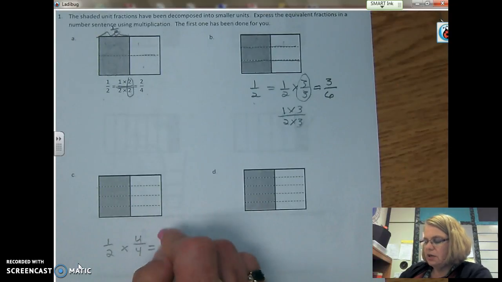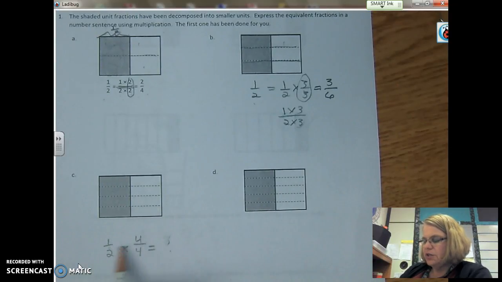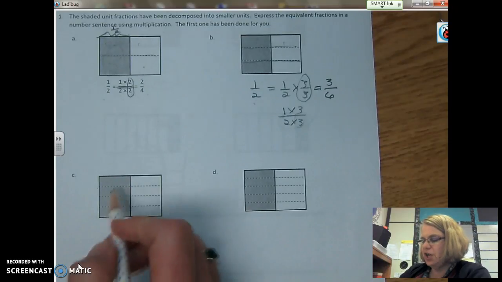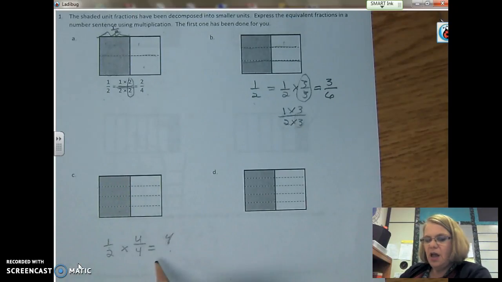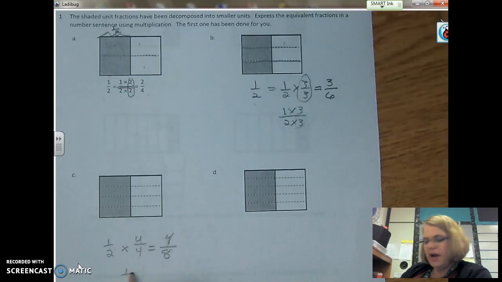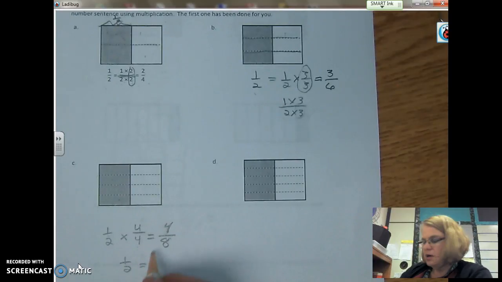I'm sorry. 1 times 4 is 4, so we should have 4 shaded. 1, 2, 3, 4. And the total number of boxes, 2 times 4, is 8. So 1/2 equals 4/8.